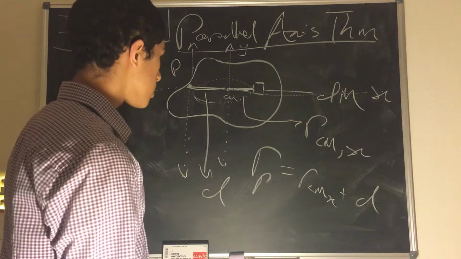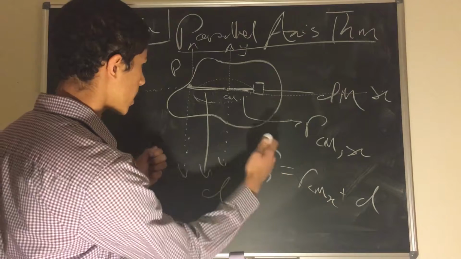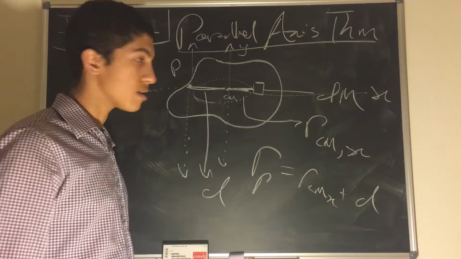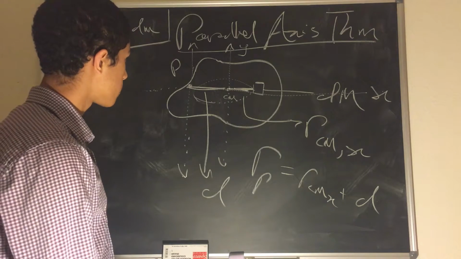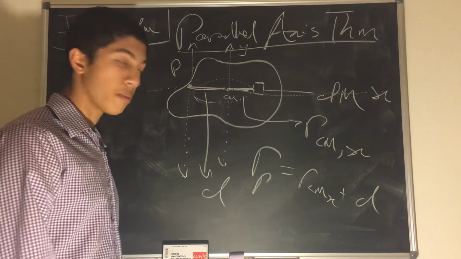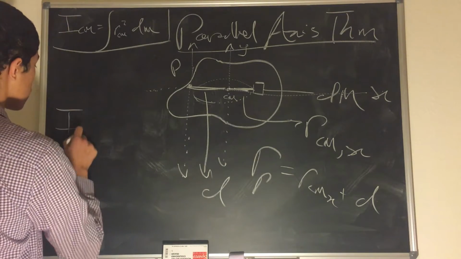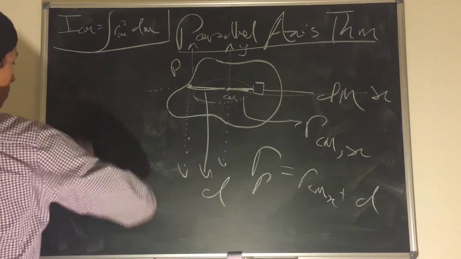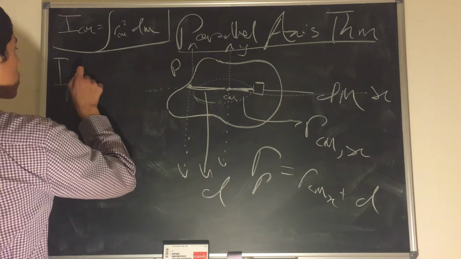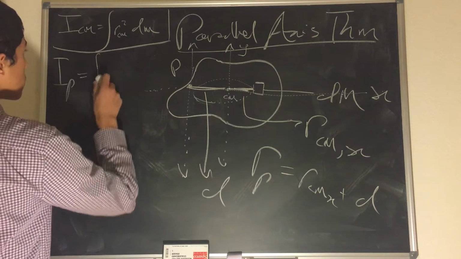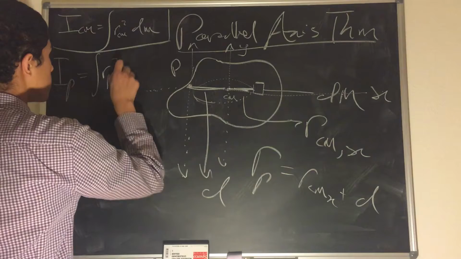Now, because we want to observe the moment of inertia about our new axis centered about our point P, let's write out the description for the moment of inertia about the P axis. Then we have I_P, actually let's write it up here. I_P is equal to yet another integral, the integral of r_P squared dm.